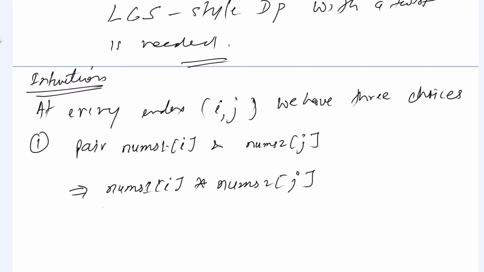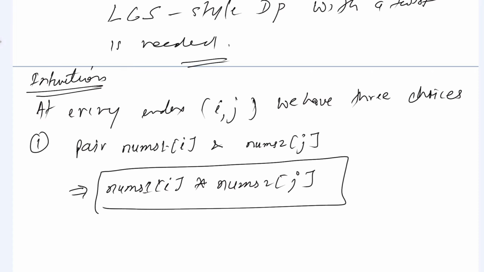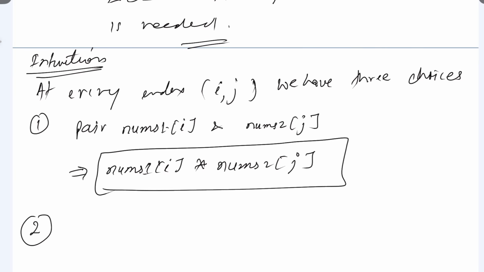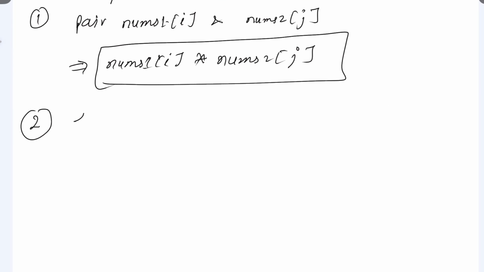Step two: we skip nums1 at i, so dp at i minus 1 and j.